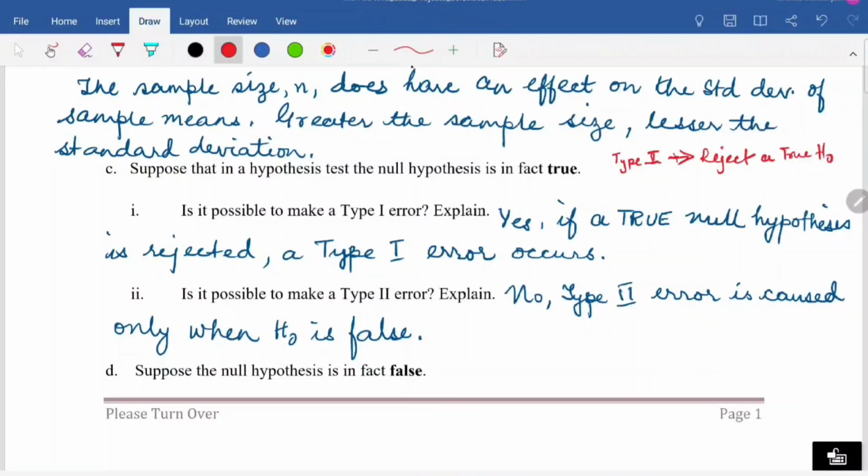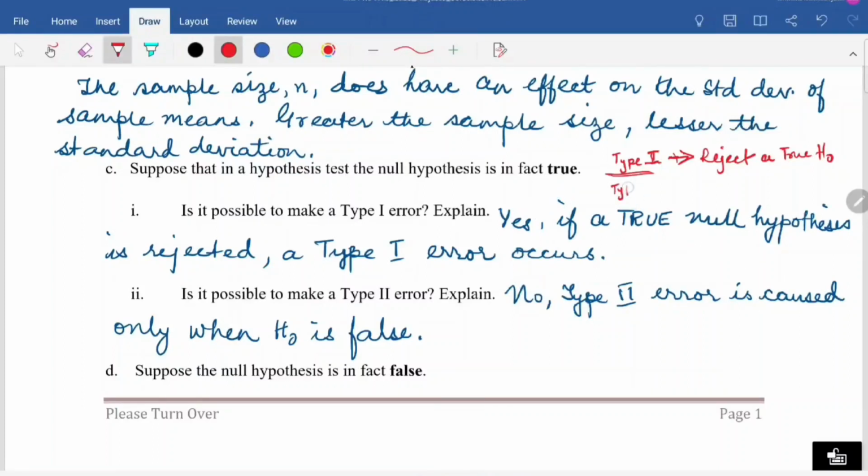A true null hypothesis causes a type 1 error. So the question is asking, is it possible to make a type 1 error? Explain. Yes. If a true null hypothesis is rejected, a type 1 error occurs. So when the null hypothesis is true, the only error you can make is a type 1 error.